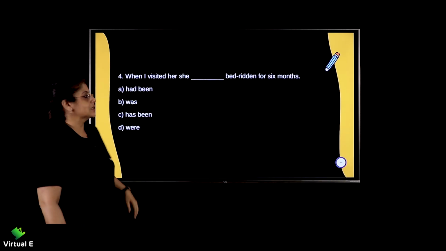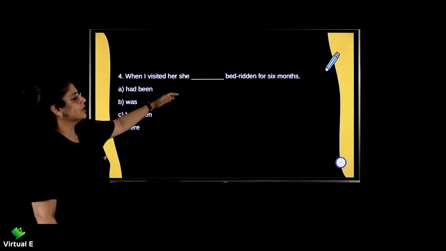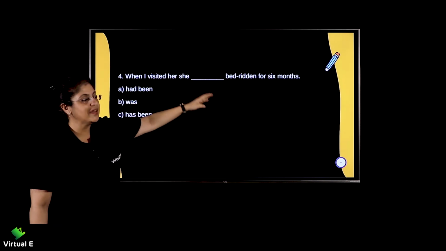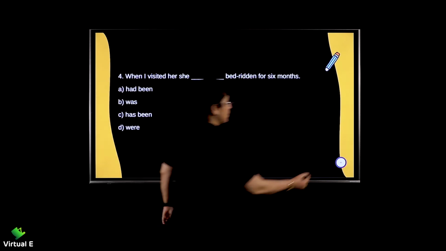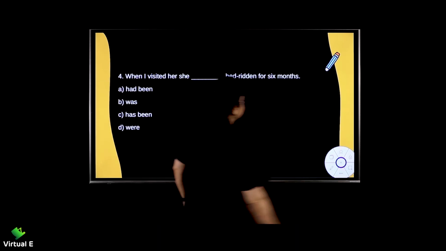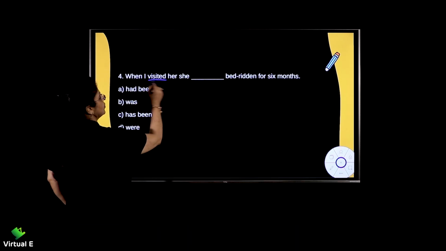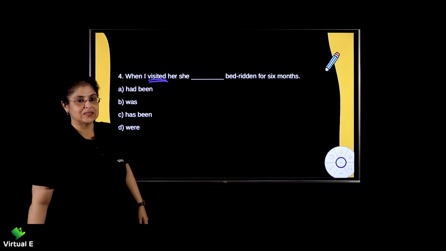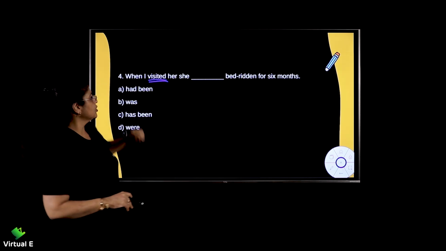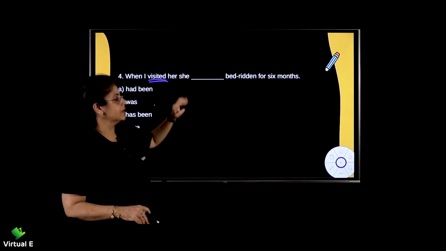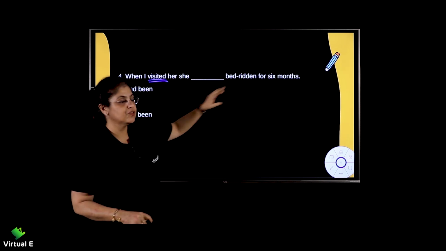The last sentence. When I visited her, she dash bedridden for 6 months. Okay, now which is the verb which already exists here? Visited. Which tense is it? Past tense. So basically we are going to get something of the past tense family. So when I visited her, she dash bedridden for 6 months.